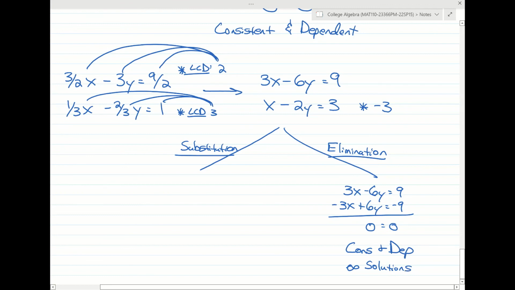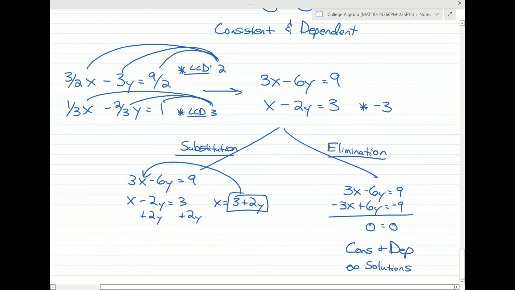If you were doing substitution, we want to get one of the variables by themselves. So this would be 3x minus 6y equals 9, x minus 2y equals 3. It'd probably be a good idea to bring the 2y to the other side, giving us x is equal to 3 plus 2y. So we'll put this in for the x and then finish it.